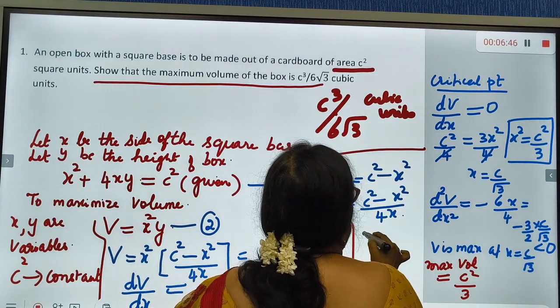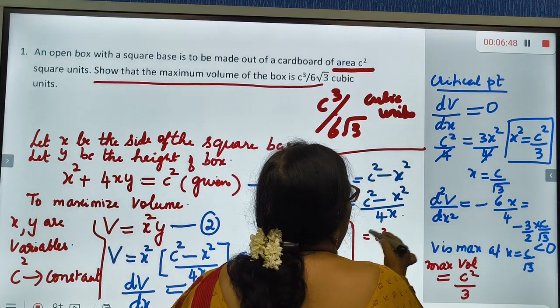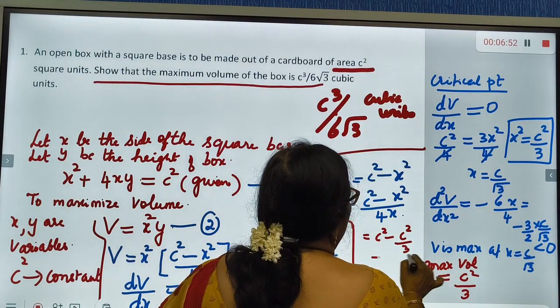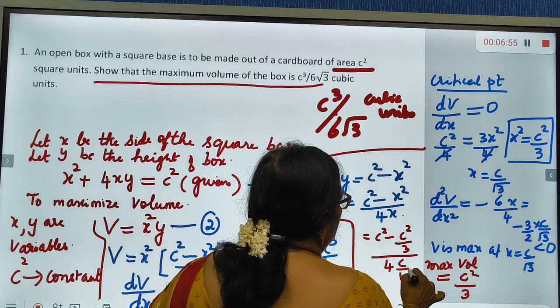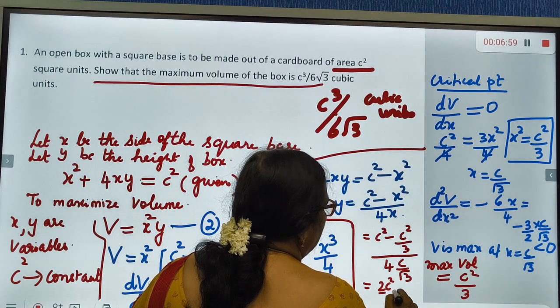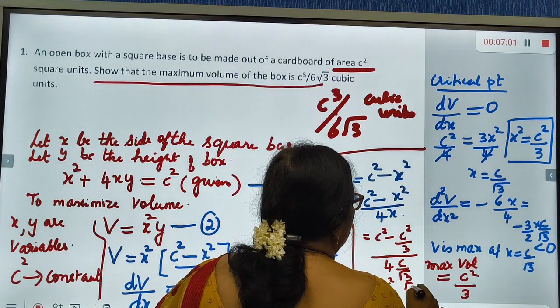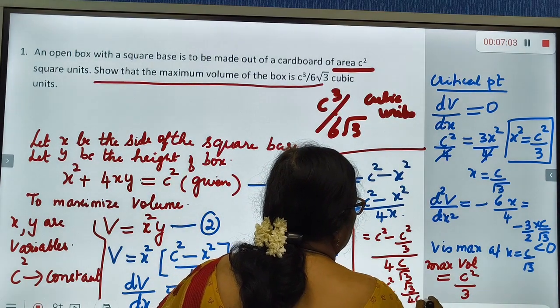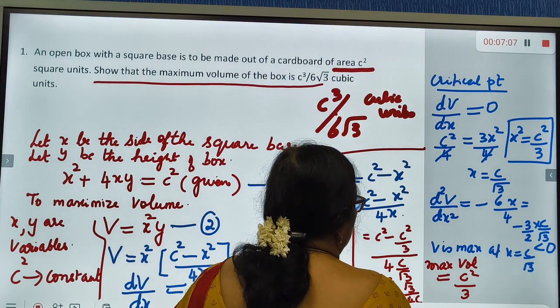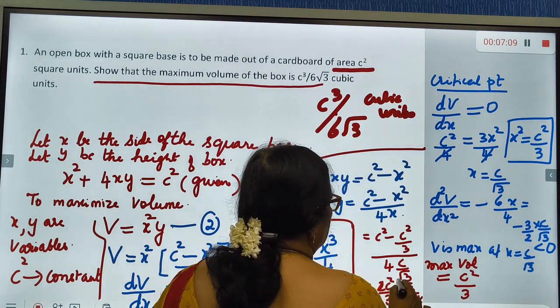So this is y, c square minus x square, which is c square minus c square by 3, by 4 into c by root 3. This is 2c square by 3 into root 3 by 4c. 6 root 3. So 1c gets cancelled.